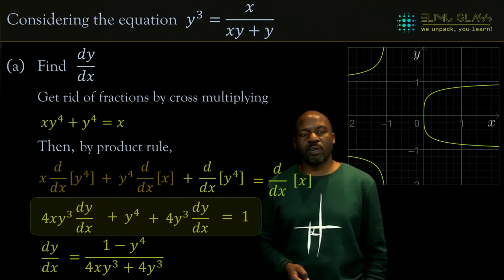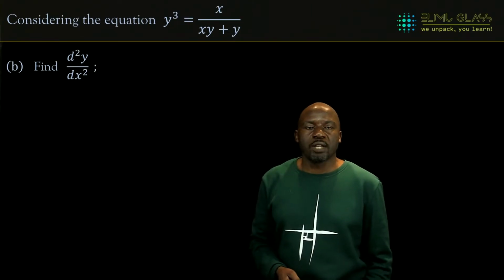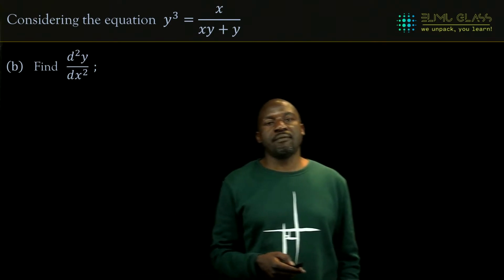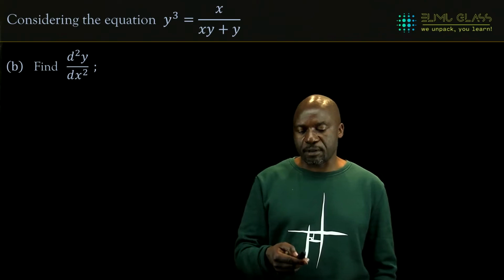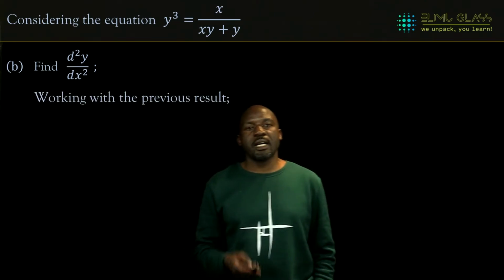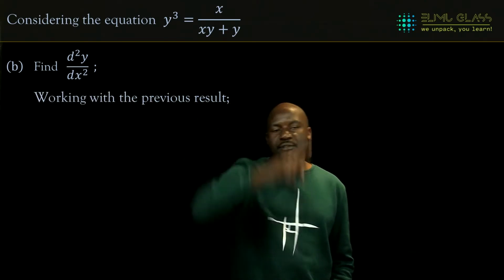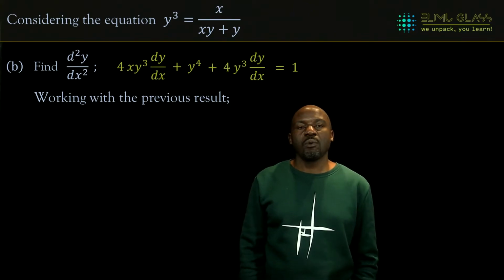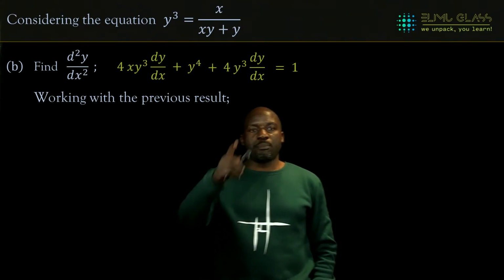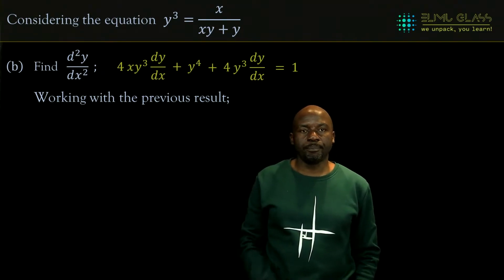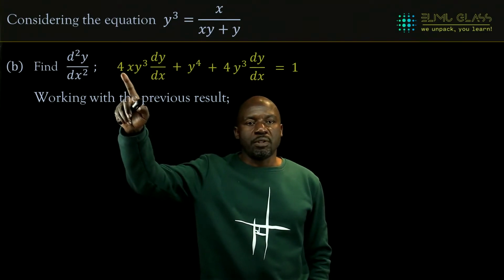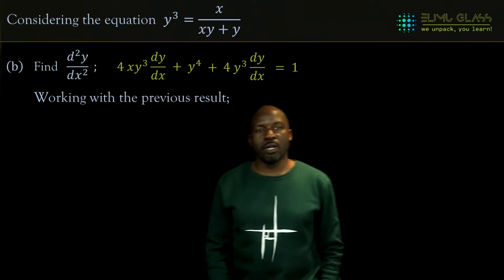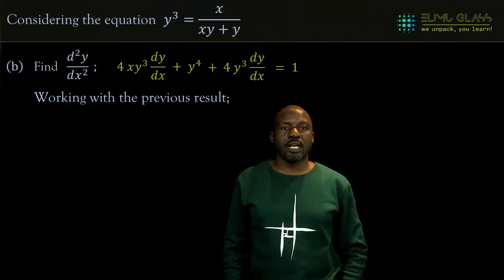Part 2 of the question: we want to find the second derivative. The second derivative is the derivative of the first derivative. Keeping that in mind and working with the previous result, we are going to differentiate it the way it is, using our product rule method again.